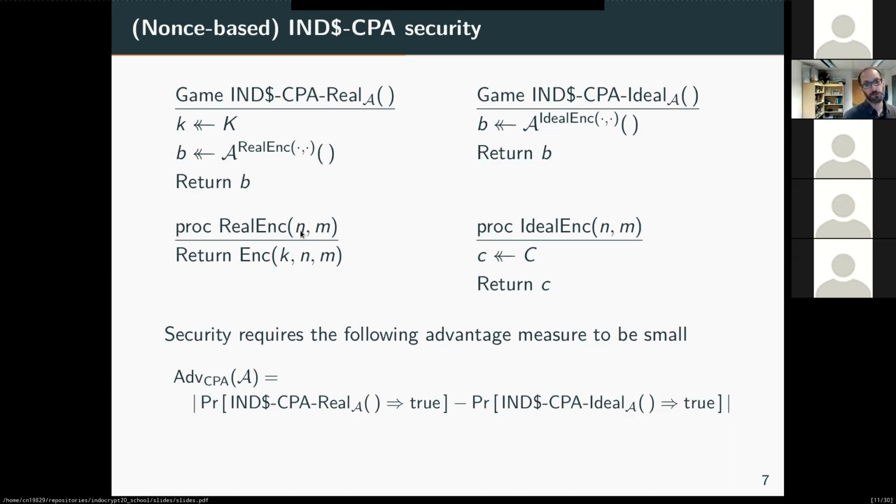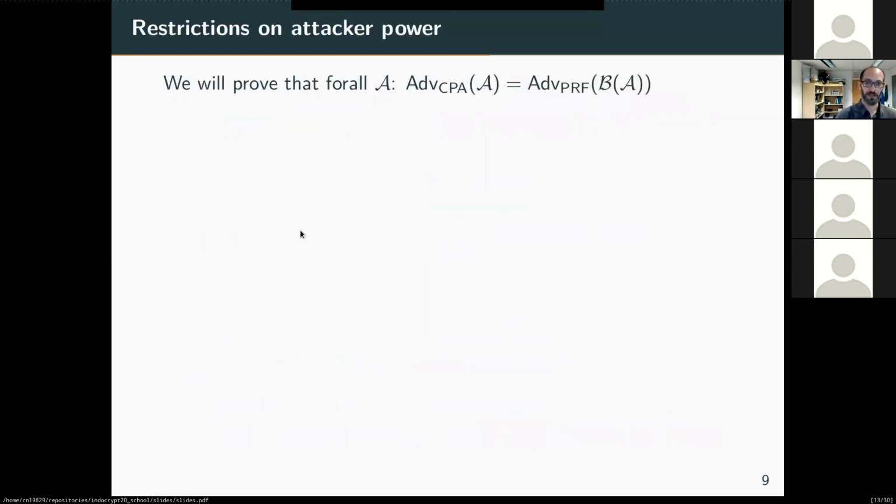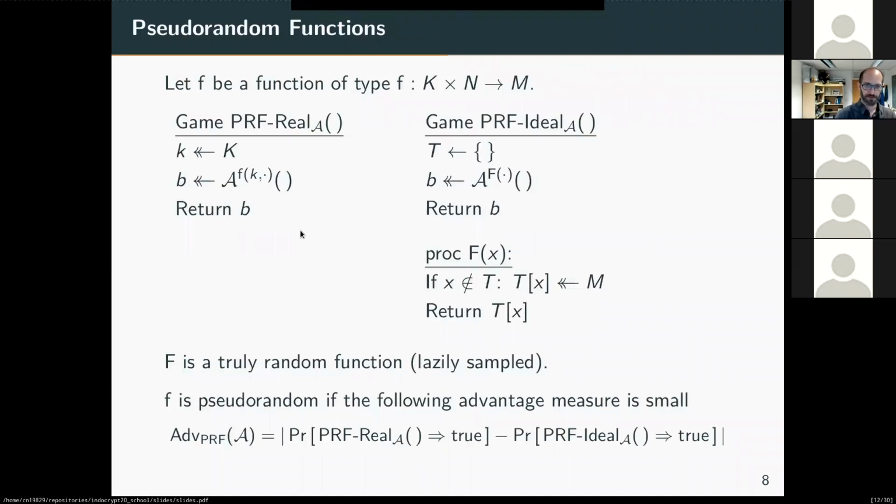In EasyCrypt, those restrictions have to be made explicit. So I kind of jumped ahead of myself there. But we'll see in those definitions that the checks that we're not repeating nonces will appear, and additional checks on the number of queries will appear explicitly. So that's the security goal we have on that encryption algorithm.